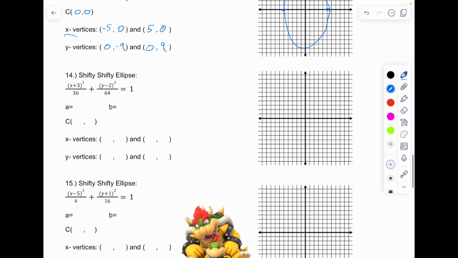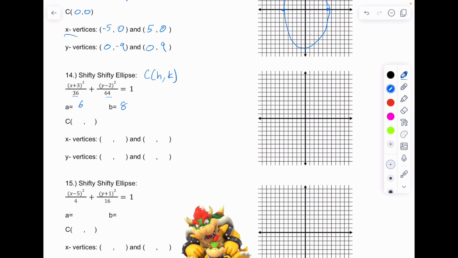All right, challenge upgrade. Now we're doing a shifty ellipse. So what is my A going to be? My A is going to be 6, and my B is going to be 8. These numbers give you your A squared and your B squared. Now, what is my H and K for the center?